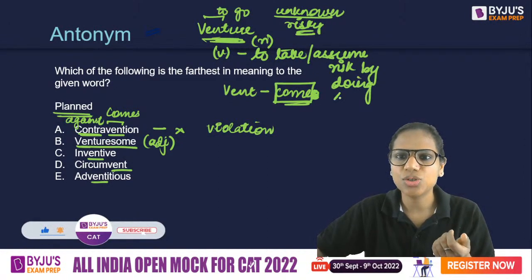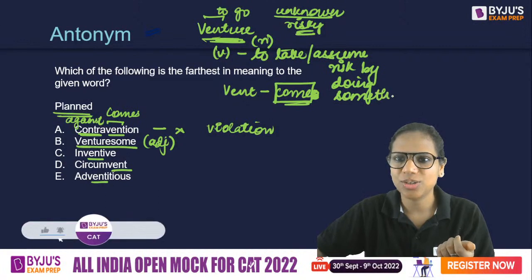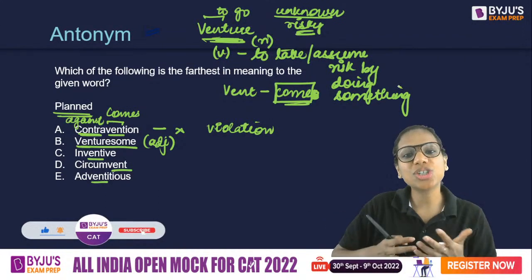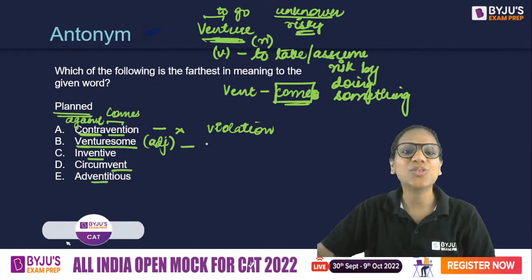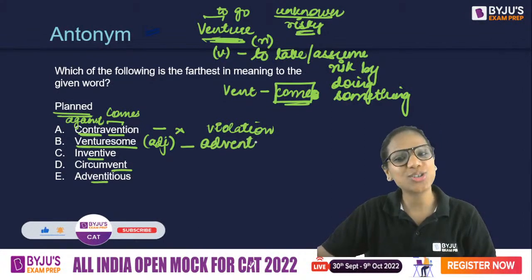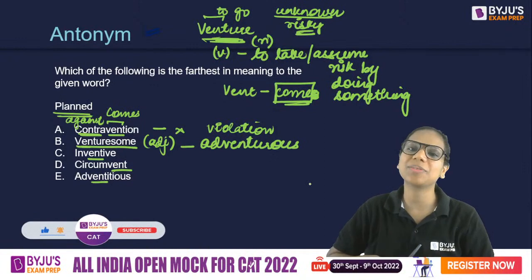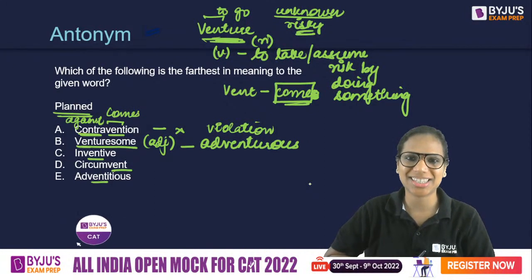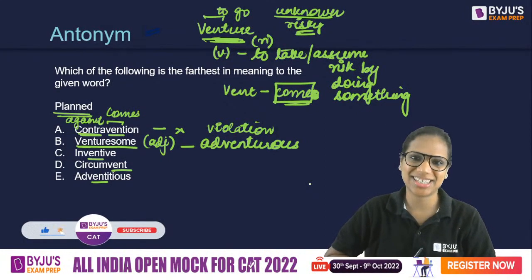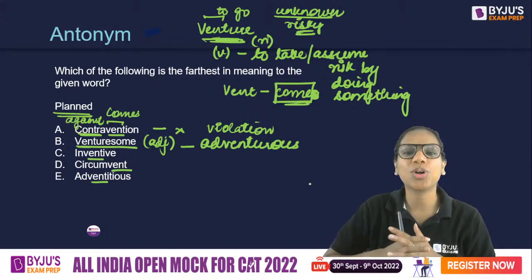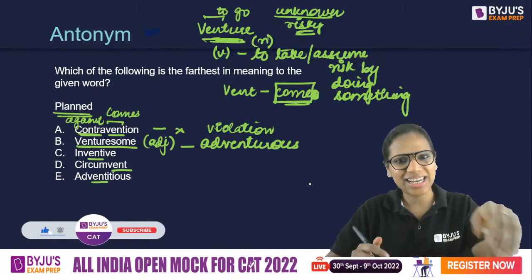Okay, so going by this, a venturesome person is an adventurous person. See, adventure also comes from here only. An adventurous person is a venturesome person, someone who's likely to take risks, someone who likes to take risks. That person will be called a venturesome person, right?